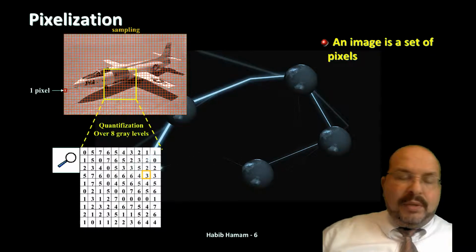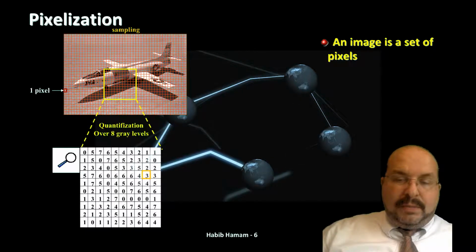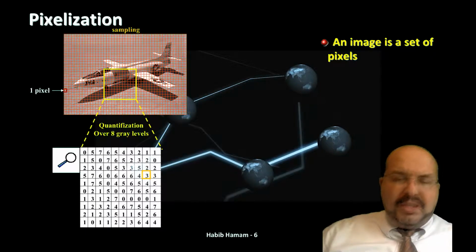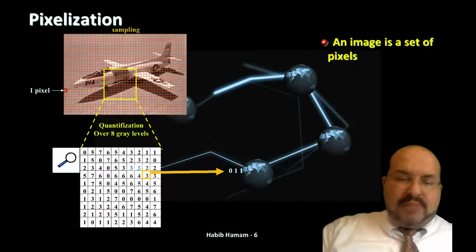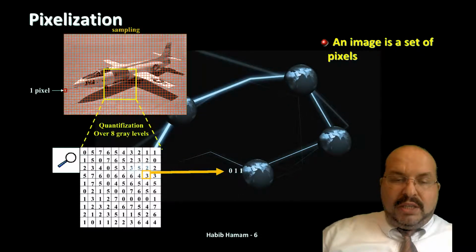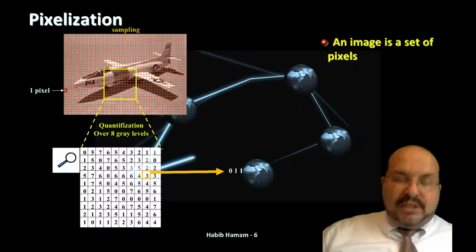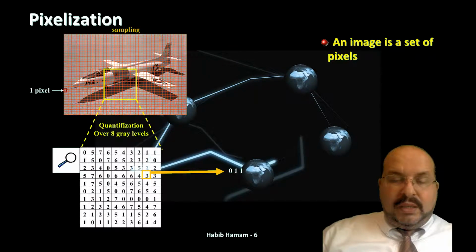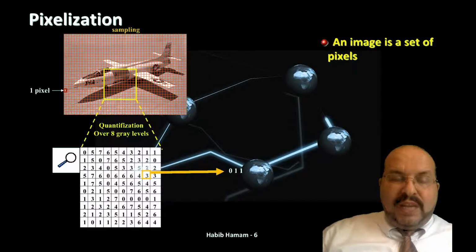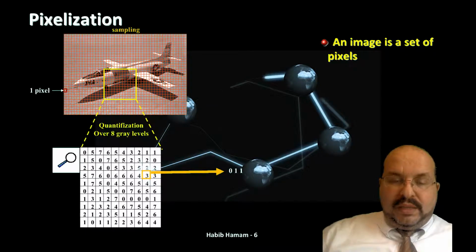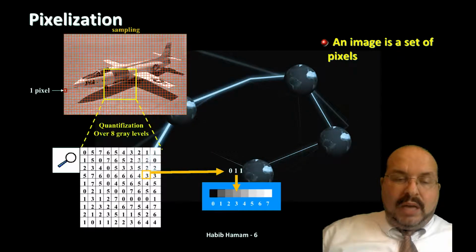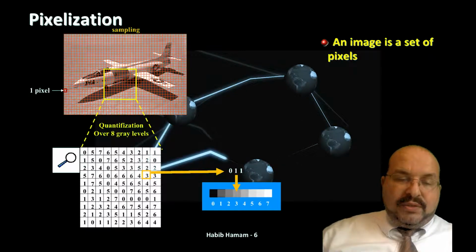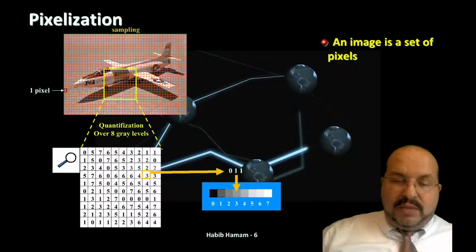For example, this pixel has a value 3, which is between black and white. And I represent this in the binary system with 3 digits 0, 1, 1, because for 8 values, I don't need more than 3 bits. And if I take all values, I will find these gray levels and the values between 0 and 7.